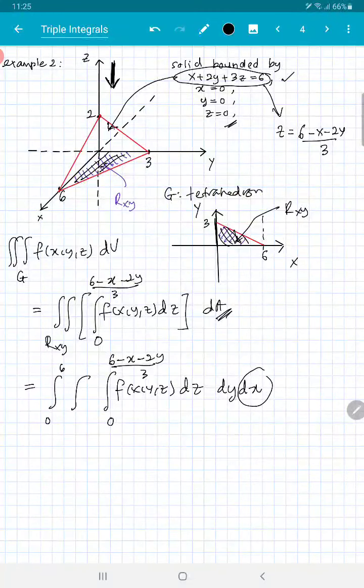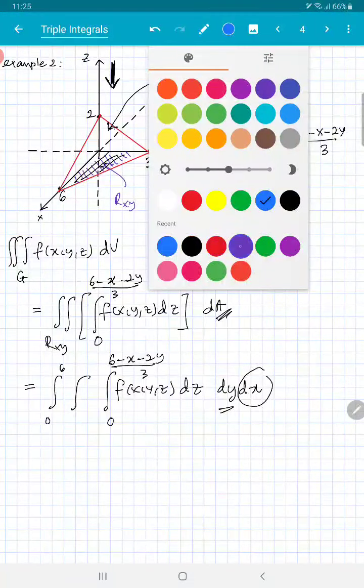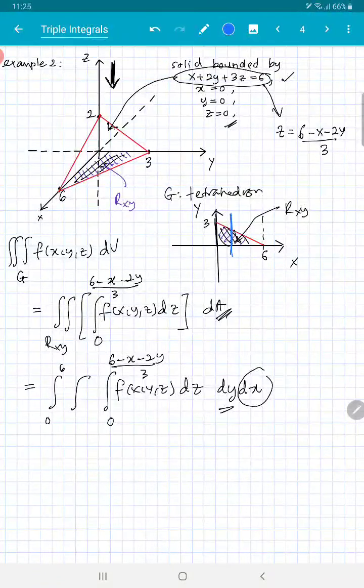Okay, now we need to get the limits for y. Remember from the double integral, you draw a straight line parallel to the y-axis and then figure out which is the top boundary and the bottom boundary. The top boundary is not y equals 3 because it's not a horizontal line, it's a diagonal line, the red line here.